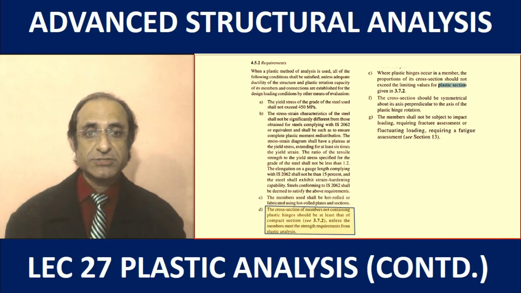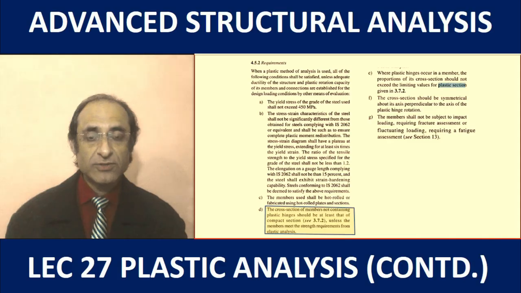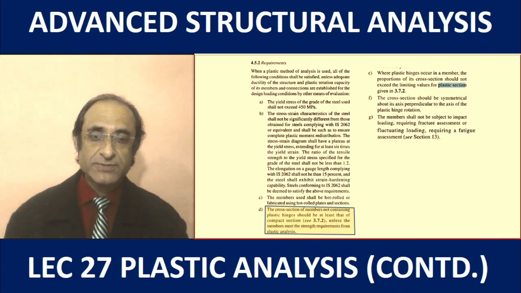Then the cross sections of the members not containing plastic hinges should be at least that of compact section. So we should make sure that if the plastic hinge is not occurring within a particular member, it should be at least compact, that is, it should be able to attain the plastic moment capacity.